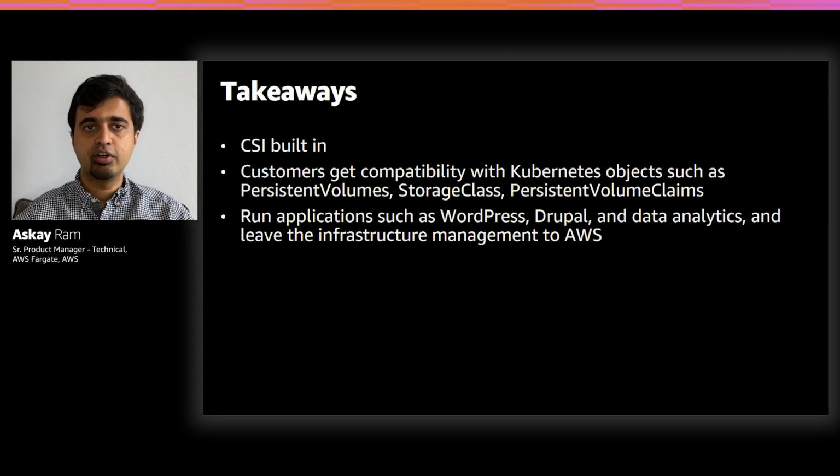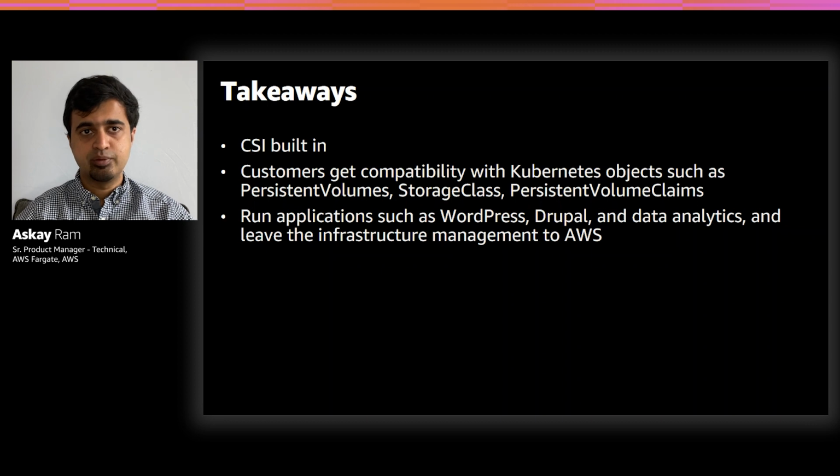And then finally, you also get a lot of capabilities. This is something you'll hear me say a lot, as customers are really pushing Fargate to add more capabilities in terms of the number of application types it supports. So it now supports applications that need persistent storage, be it content management systems or data analytics systems, which need data sets to be shared across multiple pods.